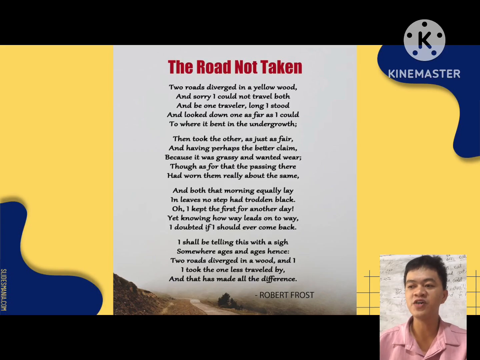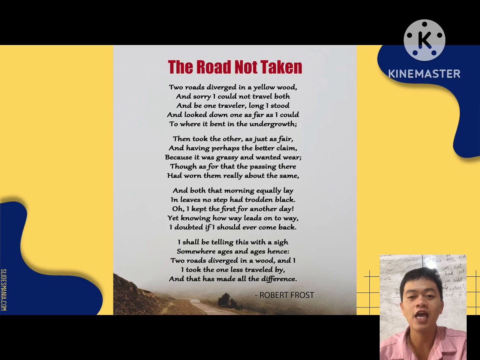Two roads diverged in a yellow wood, and sorry I could not travel both, and be one traveler, long I stood and looked down one as far as I could, to where it bent in the undergrowth. Then took the other, as just as fair, and having perhaps the better claim, because it was grassy and wanted wear. Though as for that the passing there had worn them really about the same, and both that morning equally lay in leaves no step had trodden black.